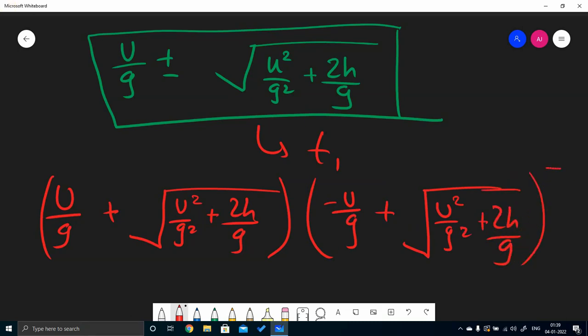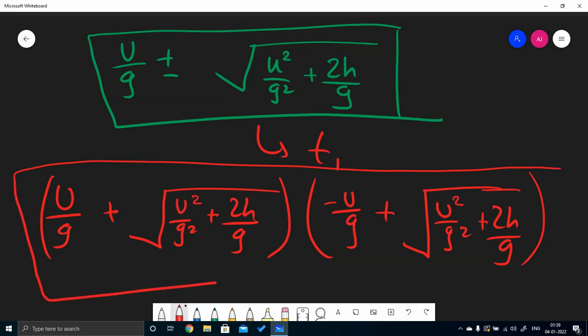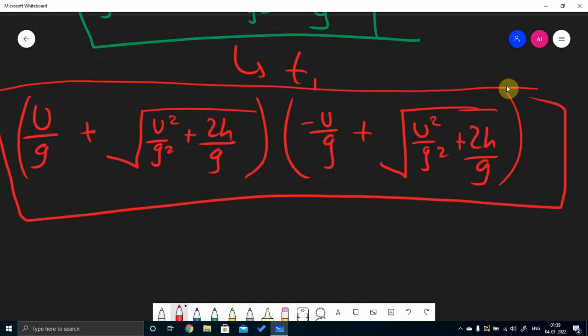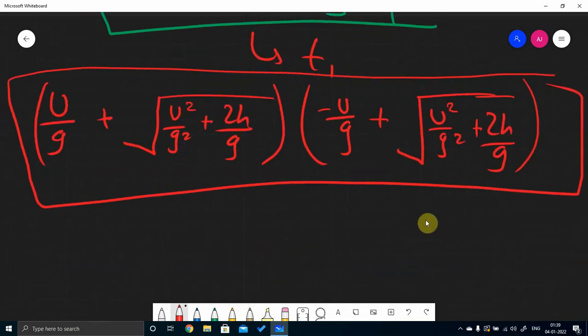What is this term over here? This entire thing, this box that I made over here, is t1 into t2.